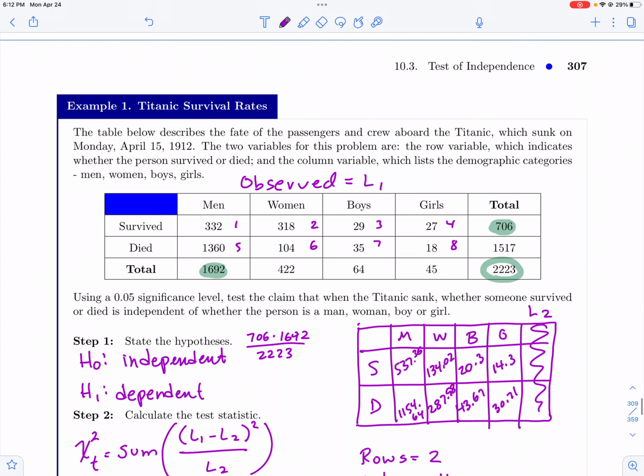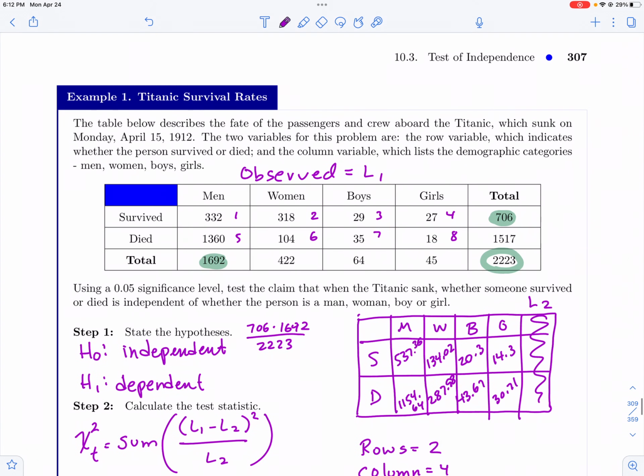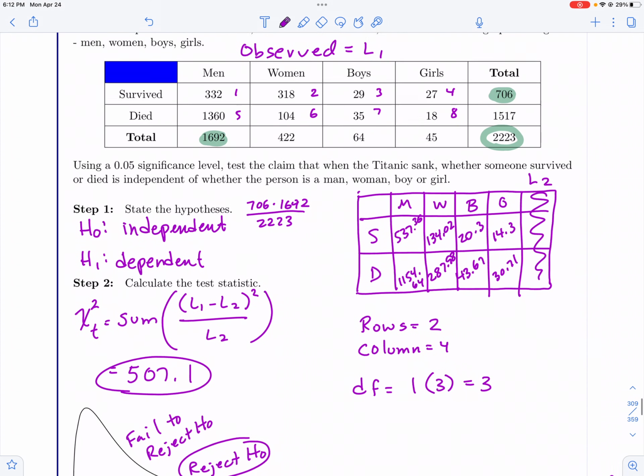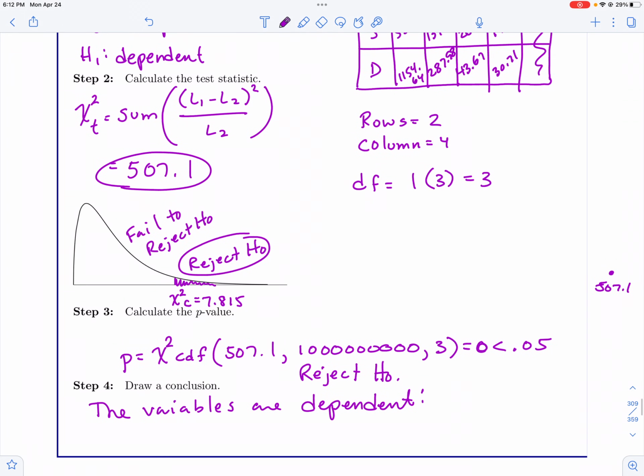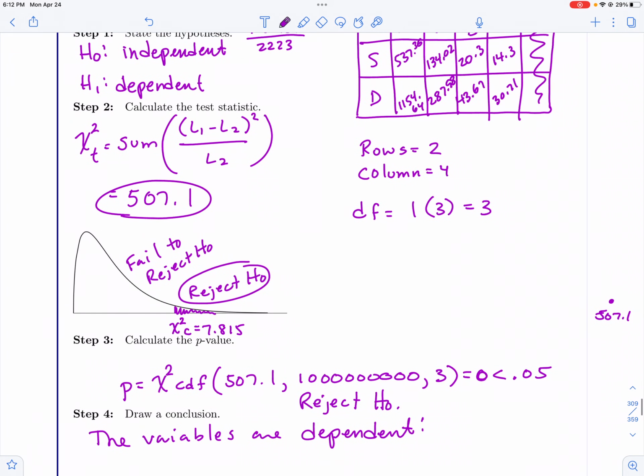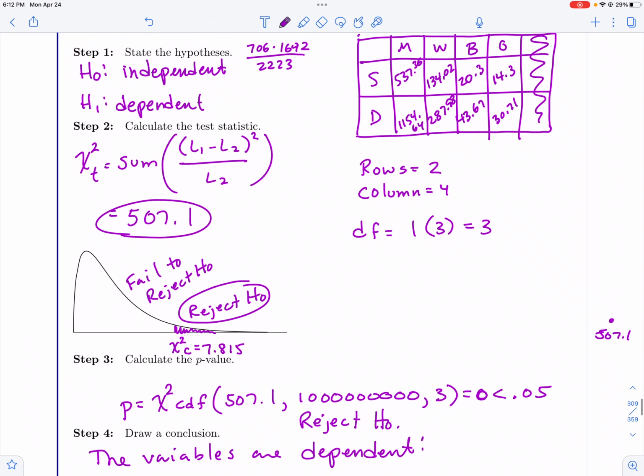And so whether you survived or died definitely does make a difference in this case. It does depend on whether you were a man, woman, boy, or a girl as to which category you actually fell into. So again, this is a super, super reject h naught for this one.